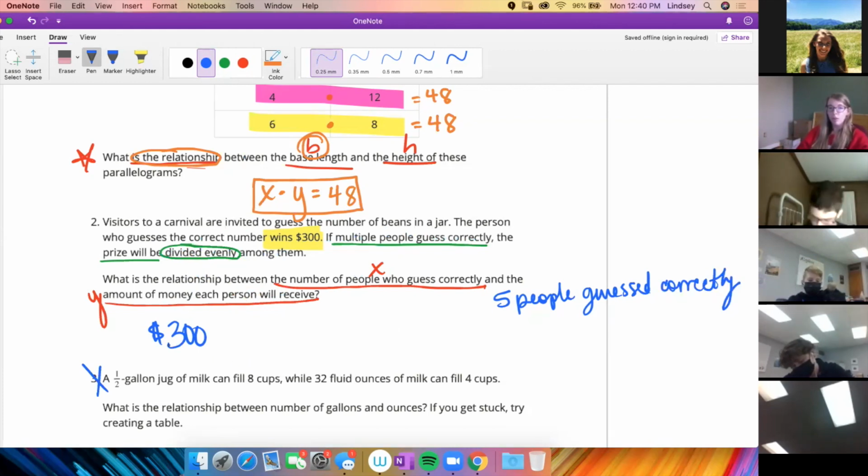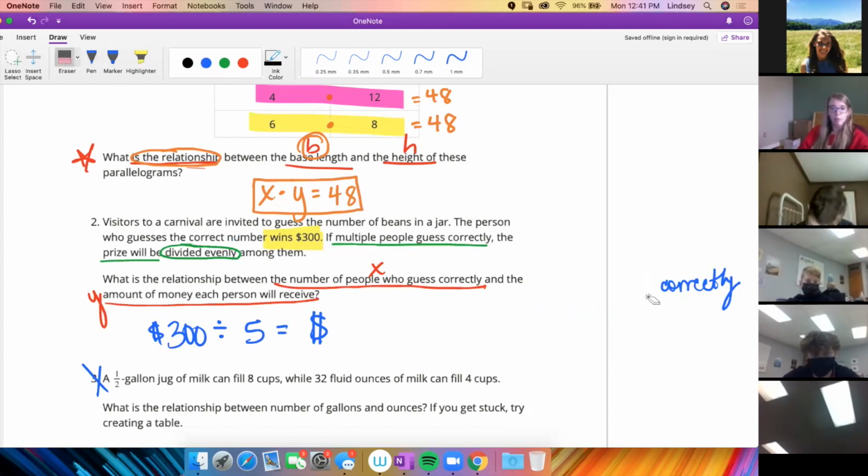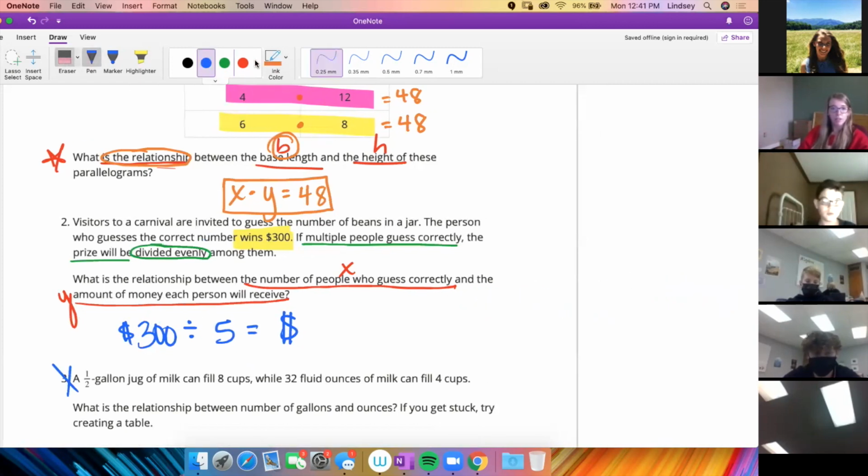So what am I going to do with this 300? Divide by 5 evenly among the 5 people. I'm going to divide it by the 5 people, and that's going to tell me how much money they earned. But which one of these two values did I not know in the original problem?